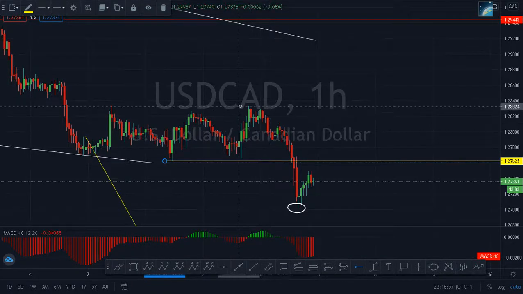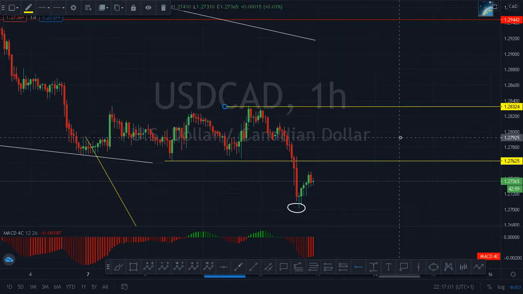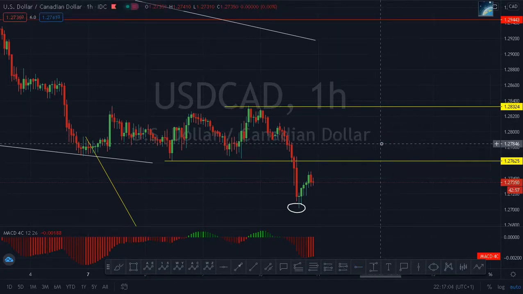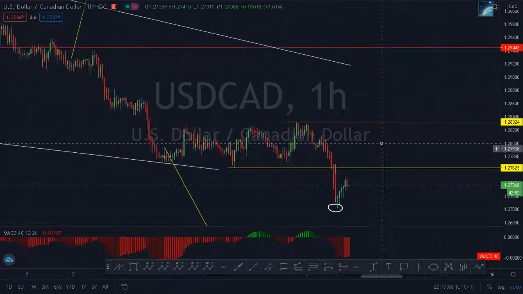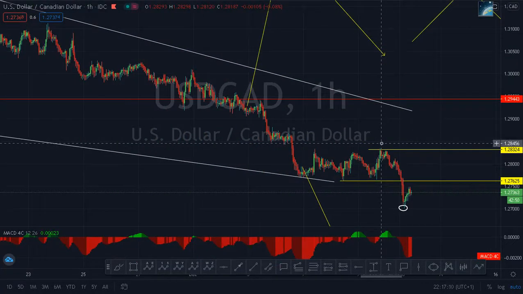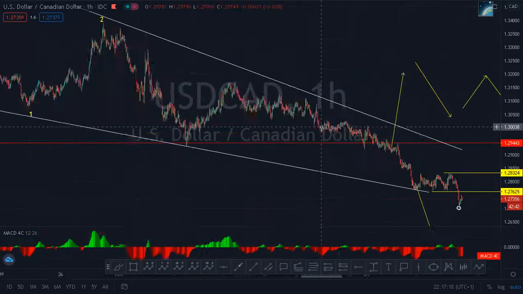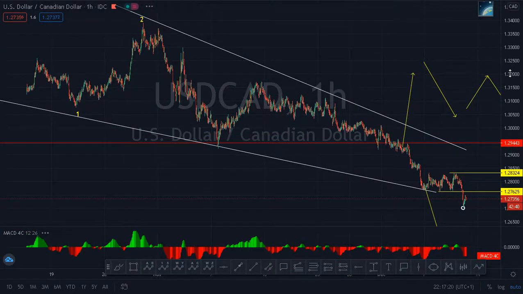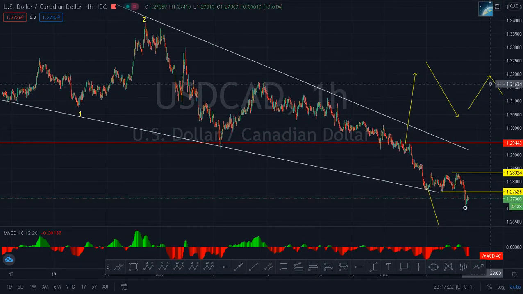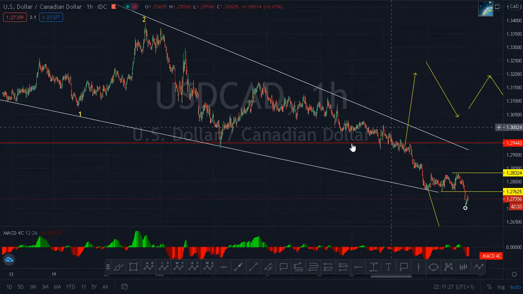You can talk about buying if price closes above here. That's the only time I will consider talking about buying on USD CAD. But as long as the triangle got broken in the wrong direction, I'll just be watching the market. I would rather wait to buy when it completes the weekly and daily counts.